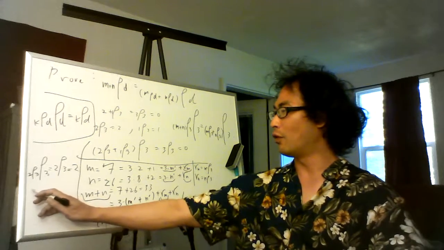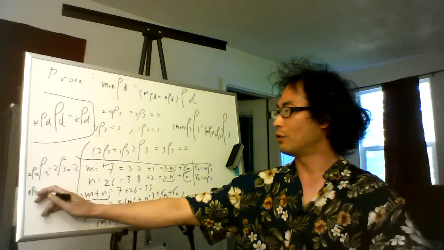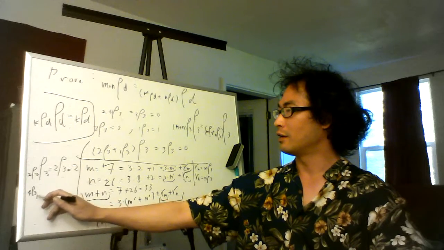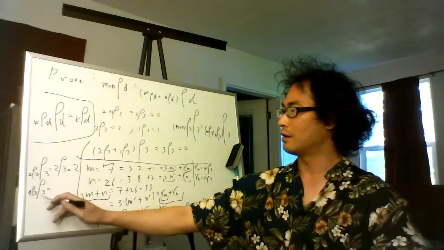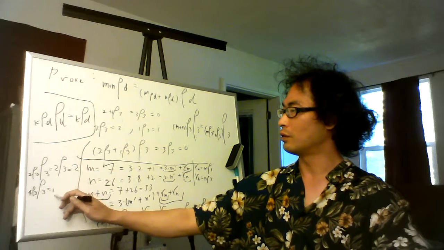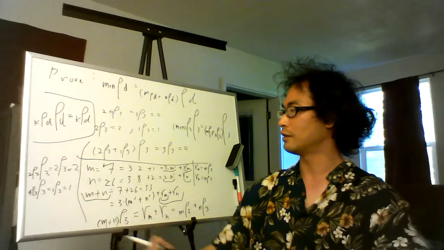How about 4 rho 3 rho 3? 4 rho 3 is 1, and 1 rho 3 is 1, right?